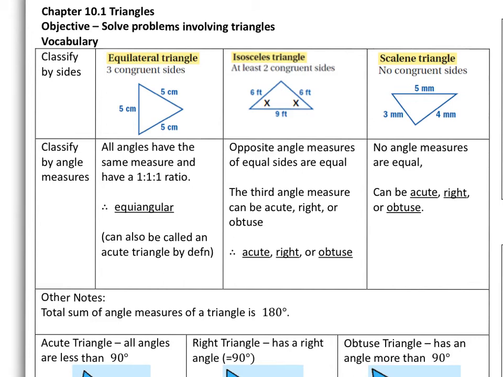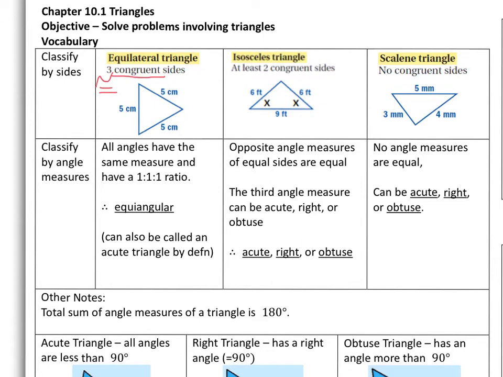10.1 Triangles. For this lesson, we're going to learn how to solve problems involving triangles. First, we're going to learn how to classify triangles by sides. If three sides of a triangle are congruent, then we call that an equilateral triangle, meaning all sides are equal.